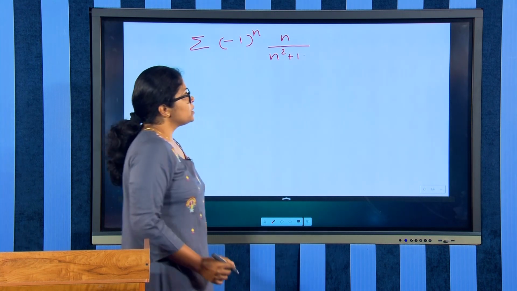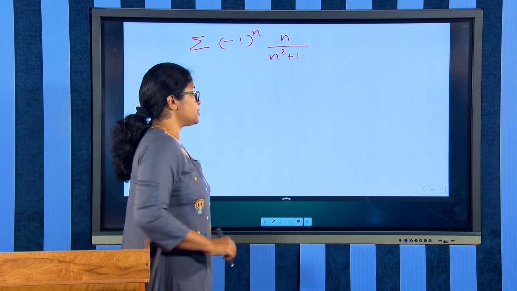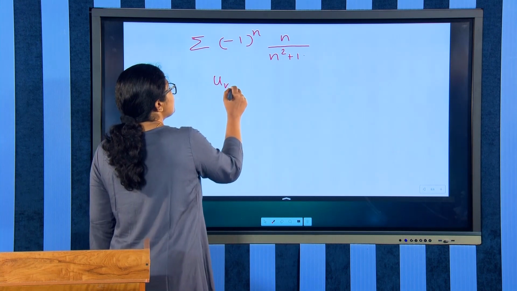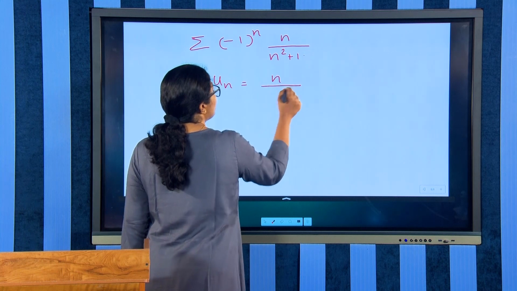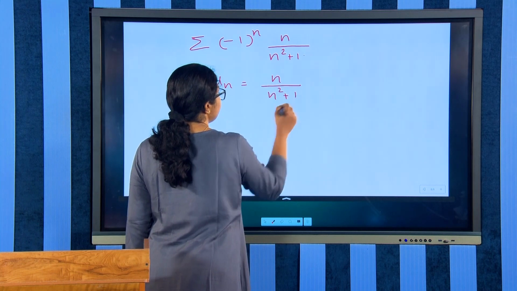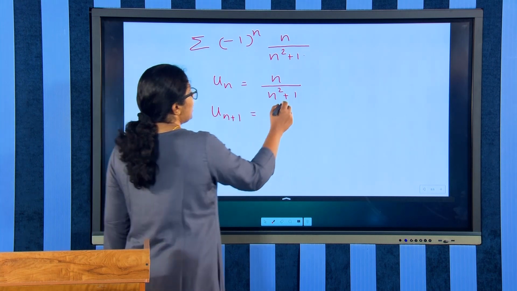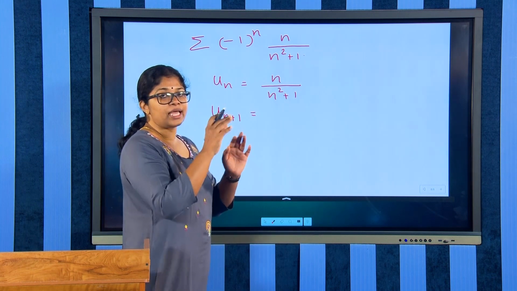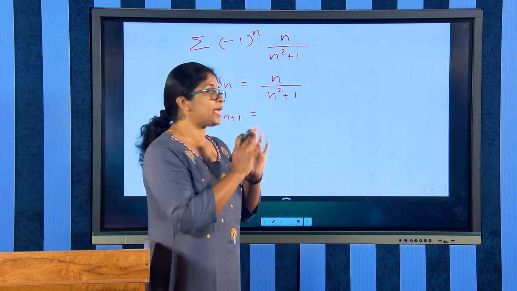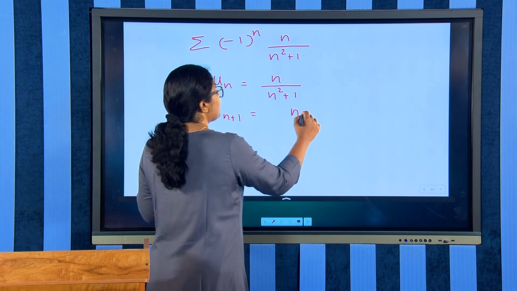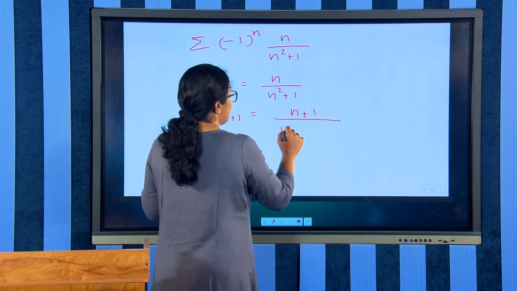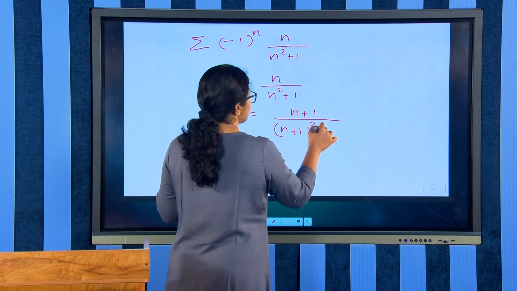What is un in this case? un is nothing but n upon n square plus 1. un plus 1 will be obtained by replacing n wherever it appears with n plus 1. So there is n plus 1 upon n plus 1 the whole square plus 1.